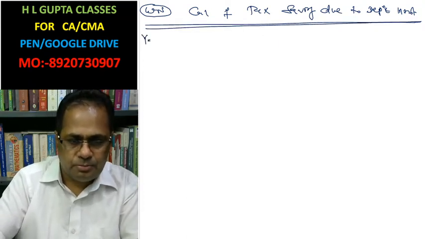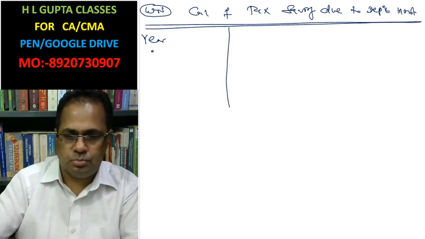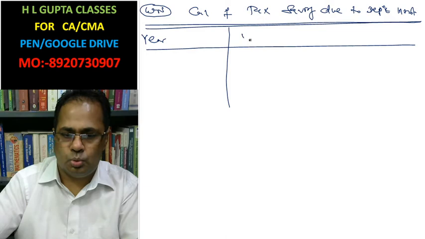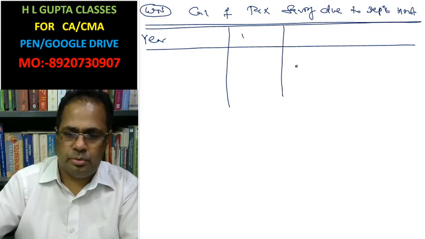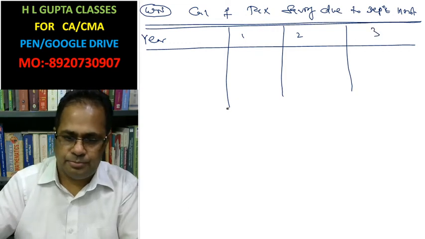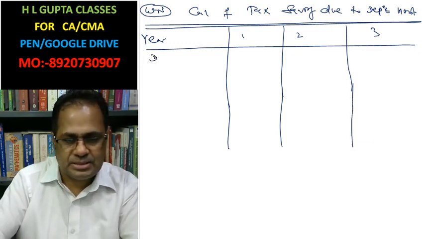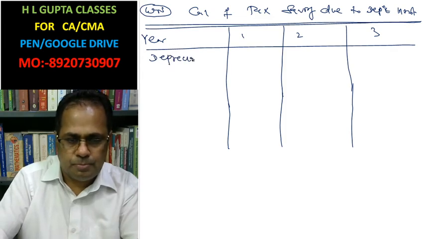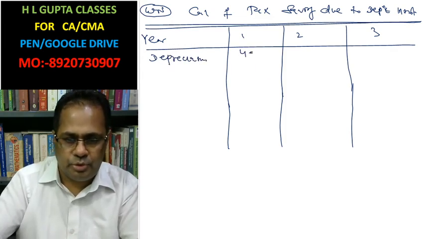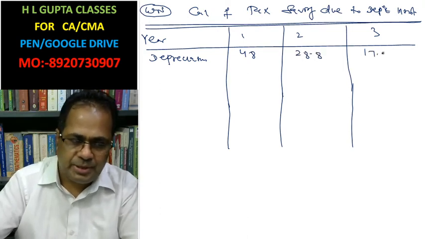You write the depreciation: 48, 28.8, 17.28.